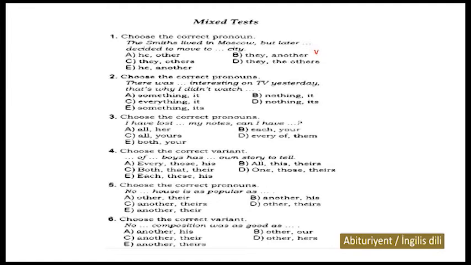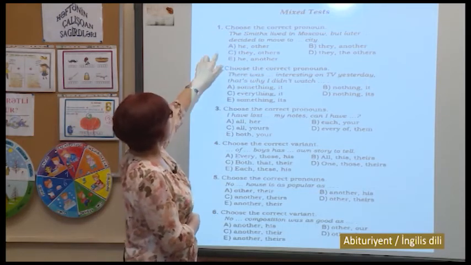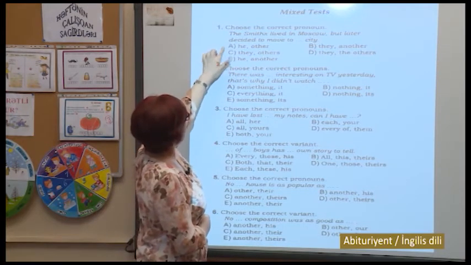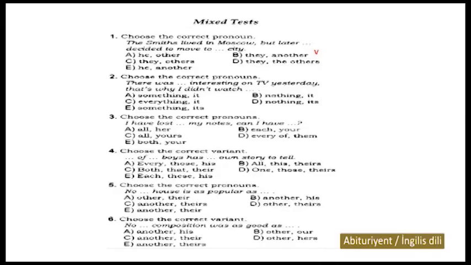The Smiths lived in Moscow, but later decided to move to another city. Smiths refers to the whole family, and when a surname is used in the plural, it is understood as plural. In that case, we can't use A and E. And what about C, B, D?